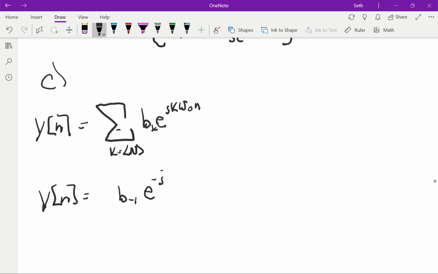We were given omega naught, it's pi over 2, and the only other Fourier coefficient that's not 0 is b1, so we get e to the j pi over 2 n.